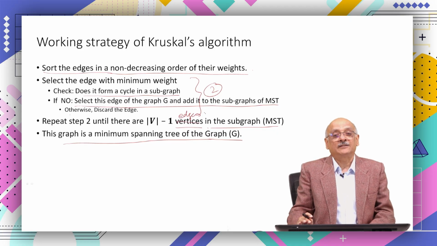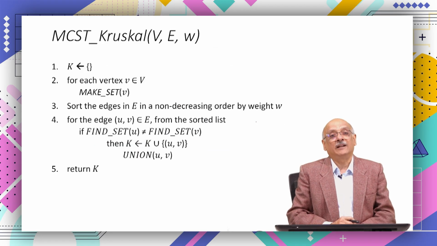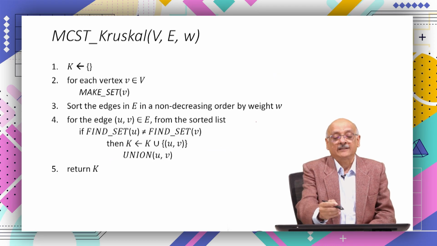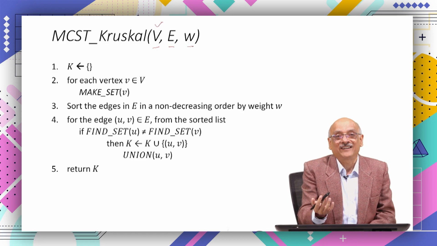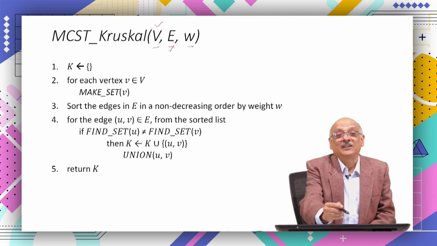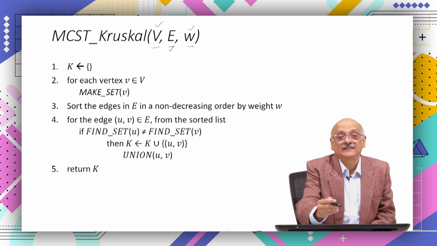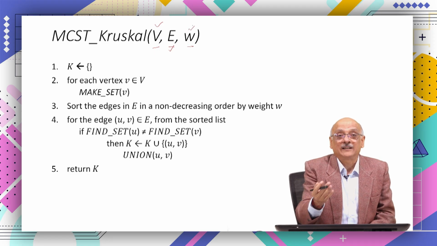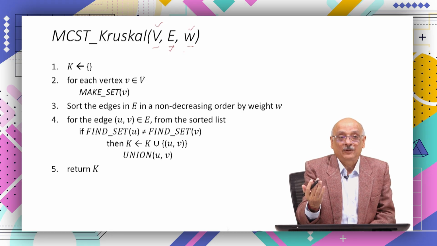So that is how we will be doing this. Now what is the algorithm for this? Well, the Kruskal algorithm takes 3 parameters, V, E and W. What is V? The set of vertices of the graph. What is E? The set of edges which are there in the graph, and W is the matrix, basically representing the adjacency matrix, which represents the weight of every edge, right?